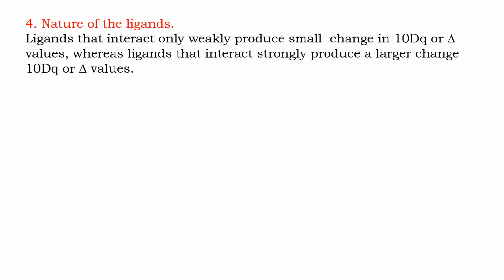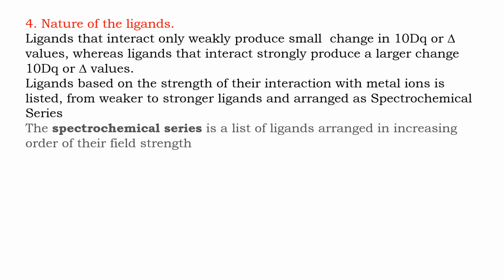Depending upon the splitting of the d orbitals, or the strength of the field, ligands are arranged in a series, and that series is called the spectrochemical series. The spectrochemical series gives you the idea of which ligand is strong, that means maximum splitting of the d orbitals, or which ligand is weak, that is minimum splitting.